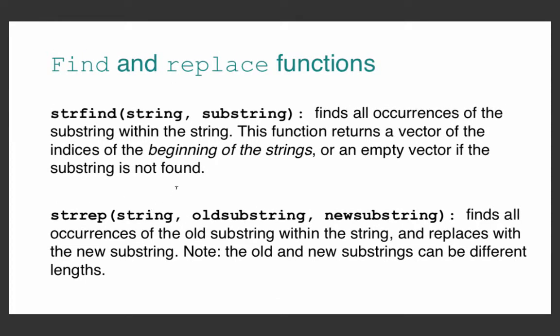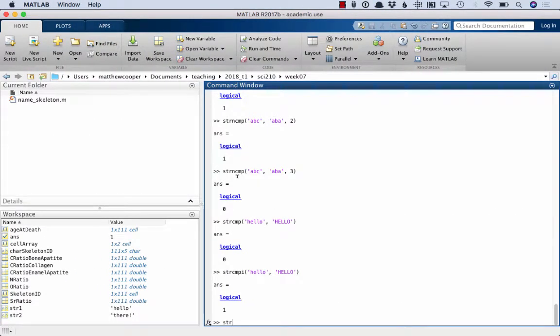Okay, so you have strfind, which finds all occurrences of a substring within a string. This function returns a vector of the indices of the beginnings of the substring, or an empty vector if the substring is not found. So let's have a look at what this will do.